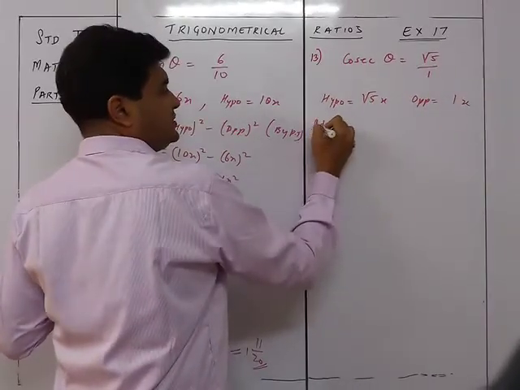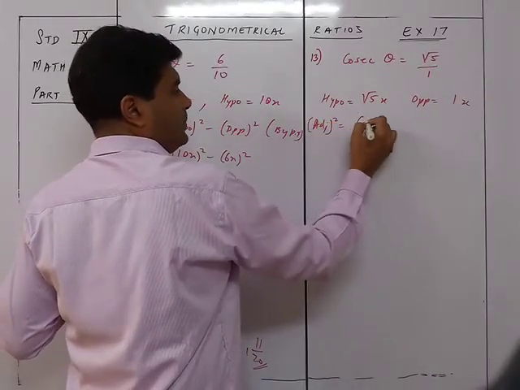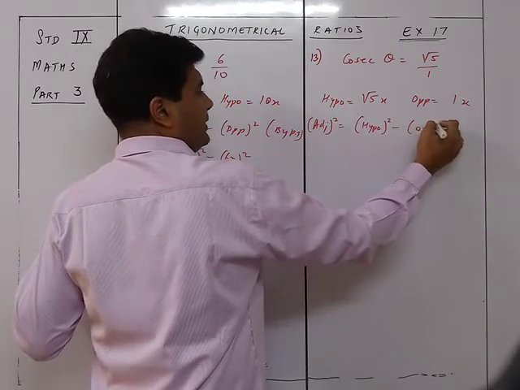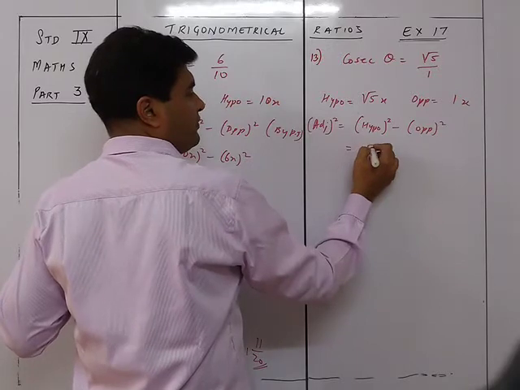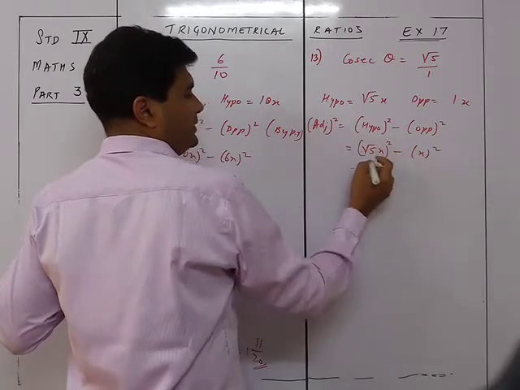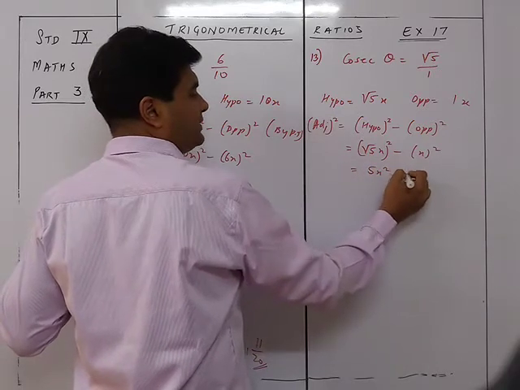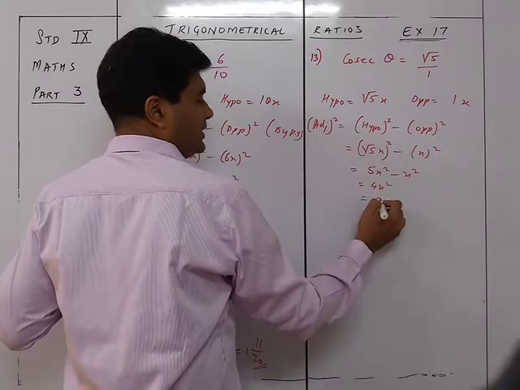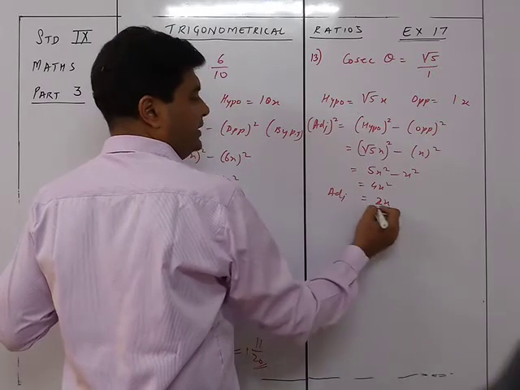Therefore, adjacent square is equals to hypotenuse square minus opposite square. So that will be root 5x the whole square minus x the whole square. That is going to be 5x square minus x square is equals to 4x square. So that gives me the adjacent side to be 2x.